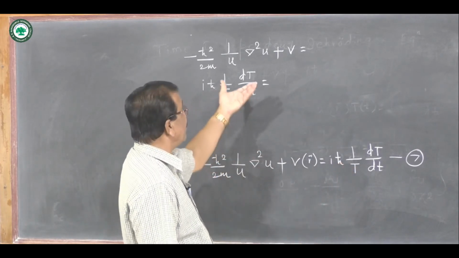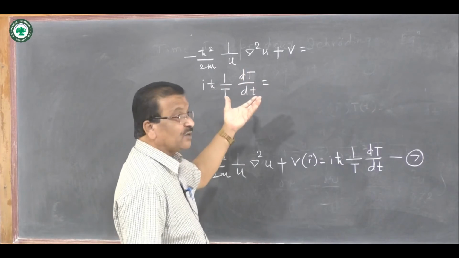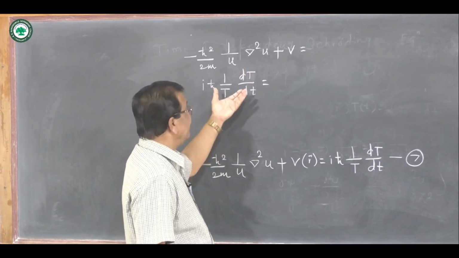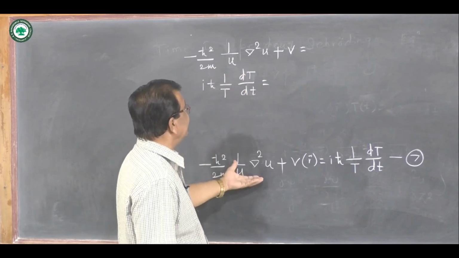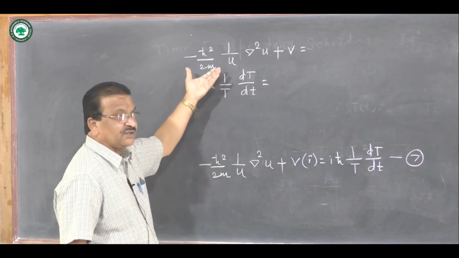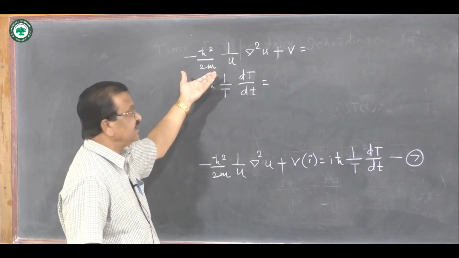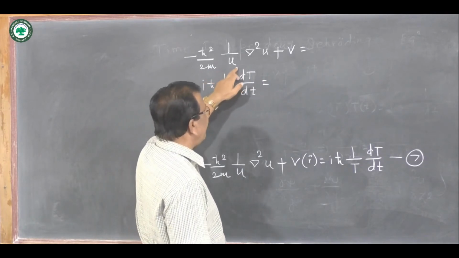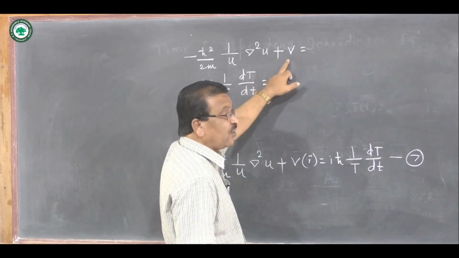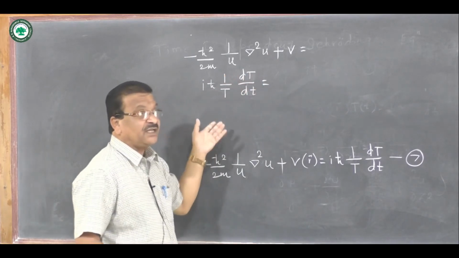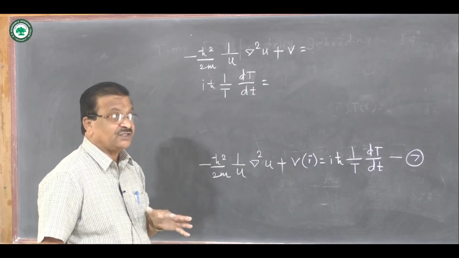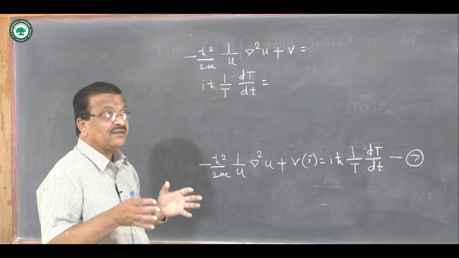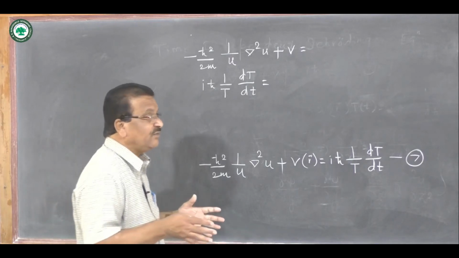So what will be the constant by which I will represent LHS and RHS? Just look at the dimensions of the terms appearing in this equation. This is kinetic energy in operator form, this is potential energy in operator form. So dimensionally the two terms are energies, and therefore the resulting quantity will be energy.